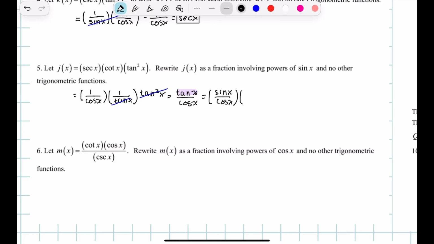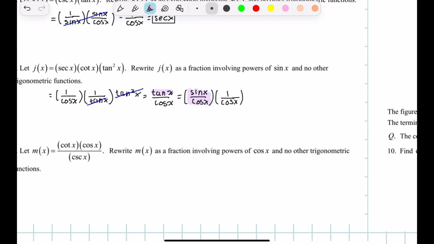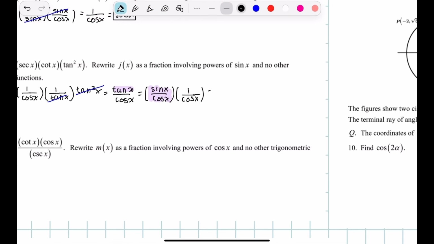And then you can rewrite this, just move the 1 over cosine of x over here. You already had that. So now this is going to be equal to sine of x divided by cosine squared of x, because you have to multiply these two. And we know that cosine squared of x, according to the Pythagorean identity, cosine squared of x plus sine squared of x is equal to 1.